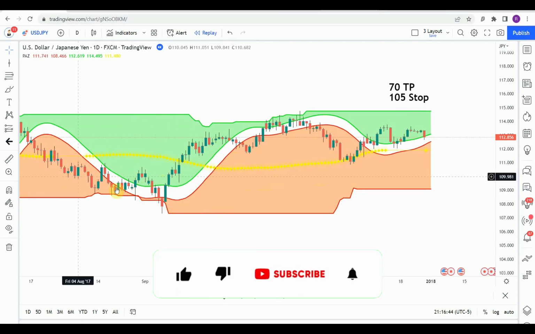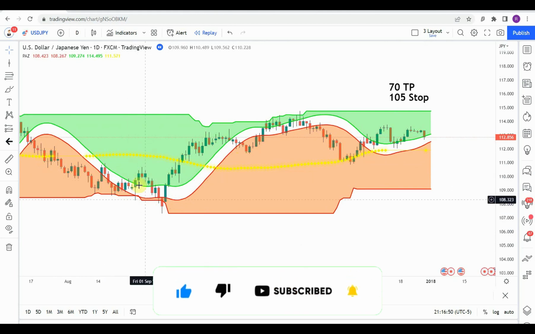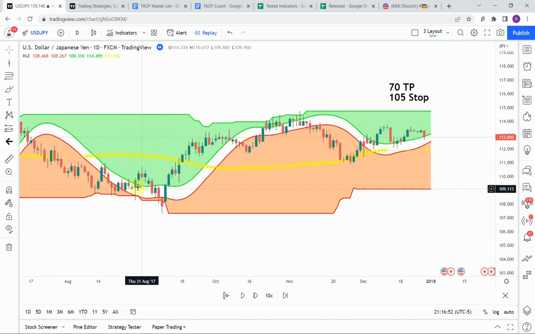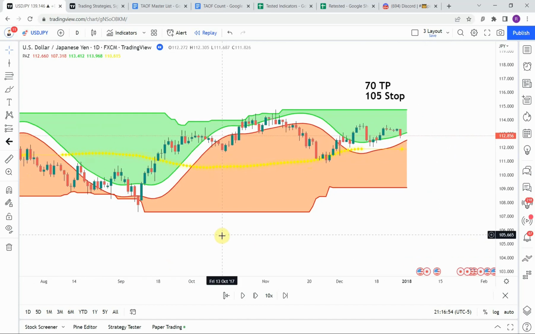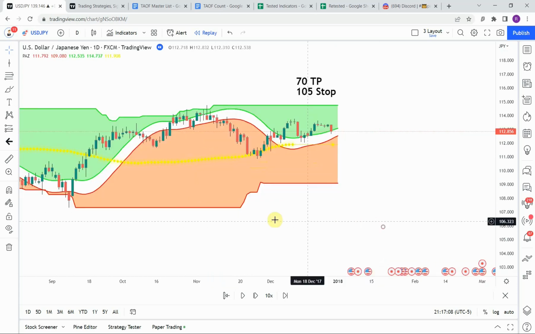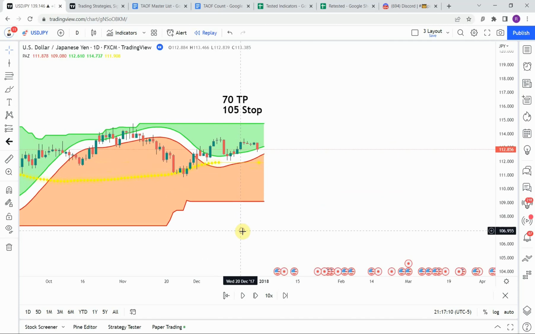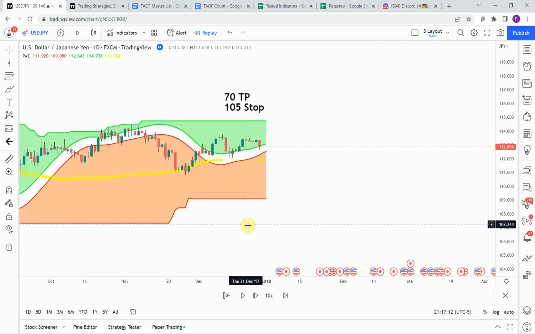When price breaks into, say, this green zone and closes within the green zone, that will be a signal to go long. When price breaks into the reddish orange zone and closes within that zone, that will be a signal to go short. So that's what we're looking for. Let's go ahead and get on with the testing and see what we can get out of this.